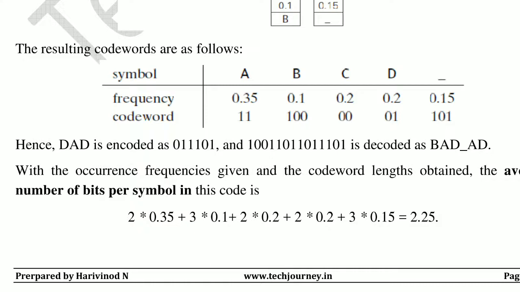No. So add one more character: 1, 0. Do you have any character with the code word 1, 0? No. So add one more character. The string length is now 3, so 1, 0, 0.